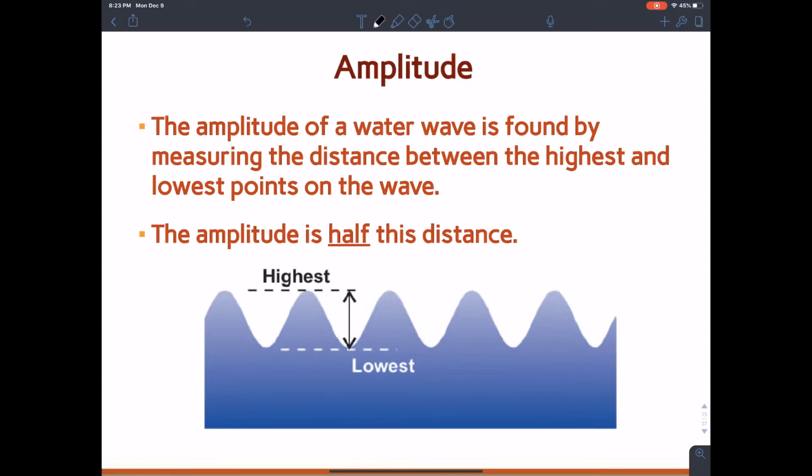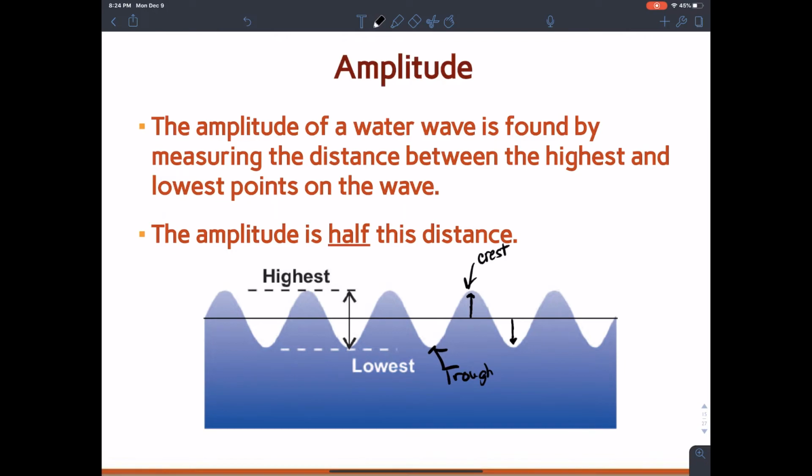Well, what we do is you could measure from the trough, the lowest point right here, to the crest, what that distance is, and then you could take and divide that by 2, or as in the person on the swing example, if we get that rest position right in between, if we measure from that rest position or equilibrium to the highest point, or from the rest position to the lowest point, that's another way that we could measure that.